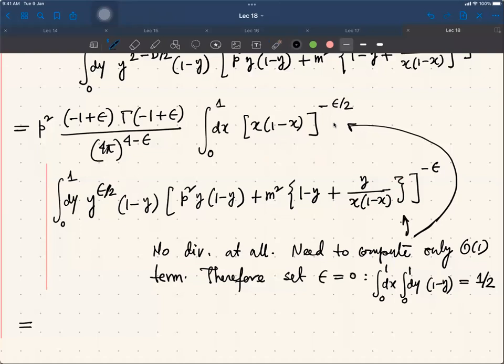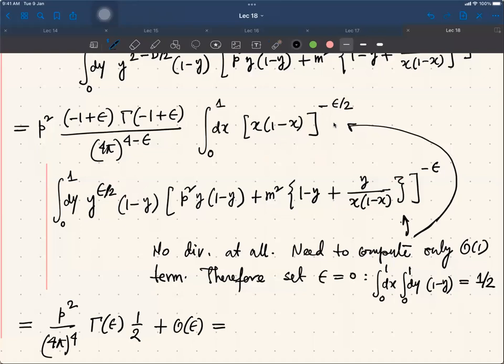So we can just set epsilon equal to 0 for the 4 pi to the power 4 minus epsilon factor, and that gives you p square over 4 pi to the power 4 times gamma epsilon times the integral that we have, which is half, plus order epsilon.